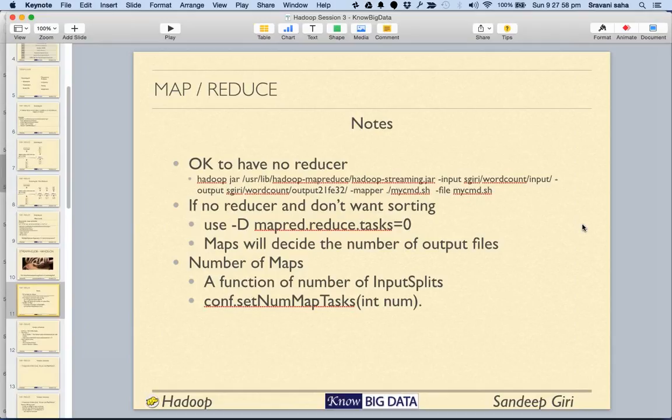It's as simple as that. Instead of writing code, you are using your binaries for MapReduce. Also, you can combine and say that your mapper is a binary and your reducer is a Java program. You can combine mapper and reducer that way.